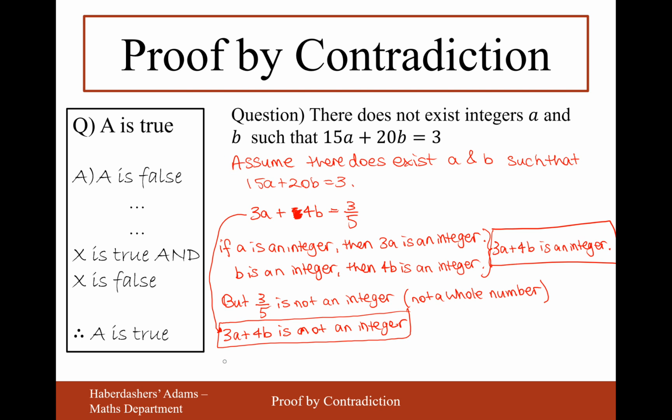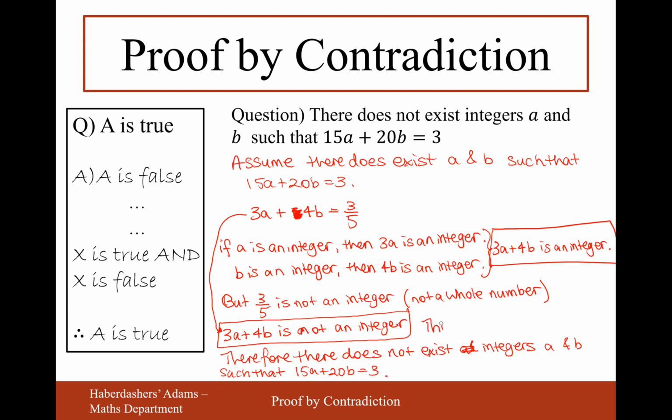So therefore, there does not exist integers a and b such that 15a plus 20b equals 3.